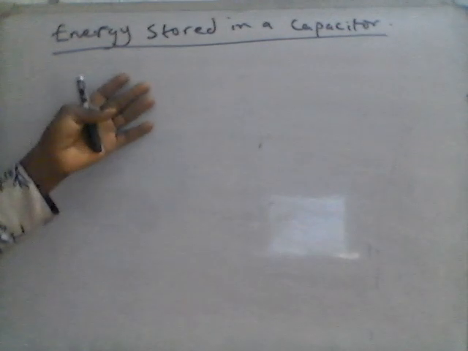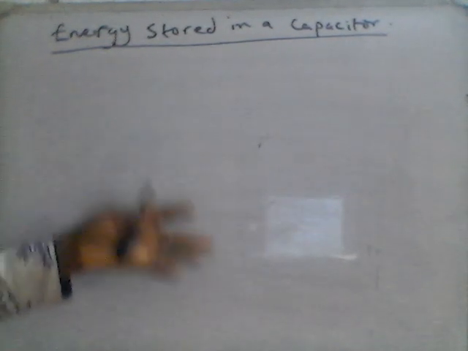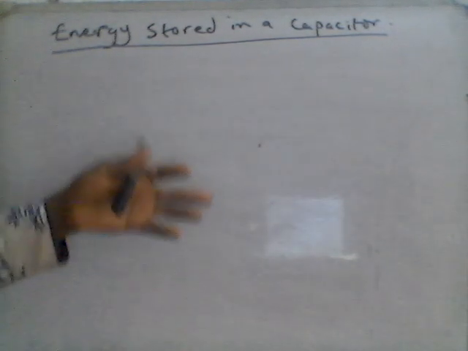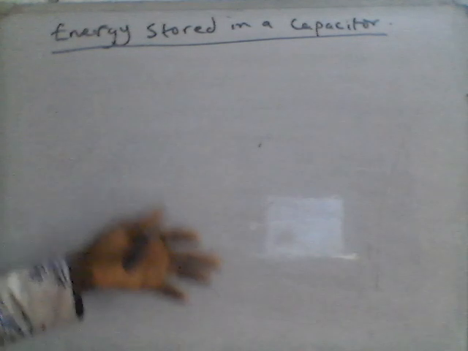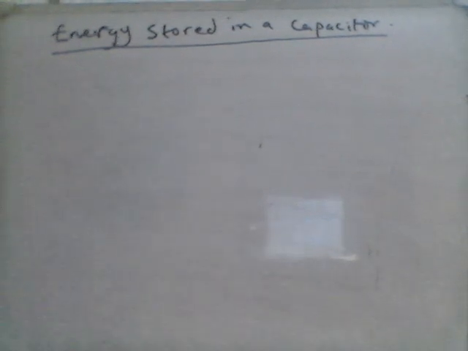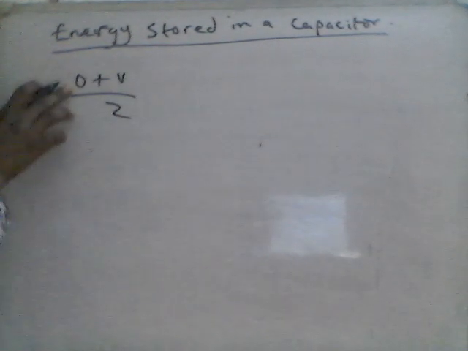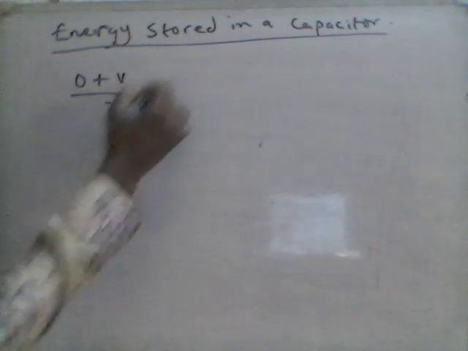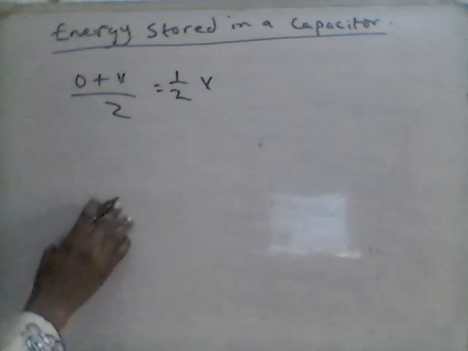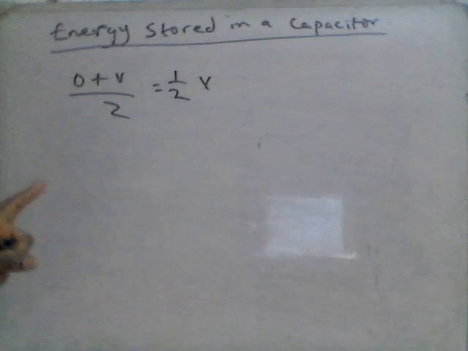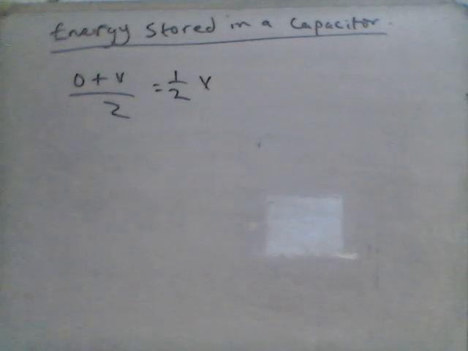While the capacitor is charged, the charge builds up from an initial value of 0 to a final value of Q, and the potential difference between the plates builds up from 0 to a final value of V. So during this charging, the average value of potential difference is given by 0 plus V over 2, which is 1 over 2 V. This is the average value of the potential difference when it starts from 0 and builds to the final value.